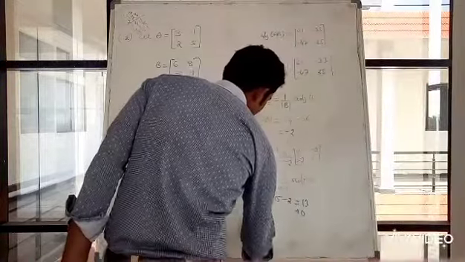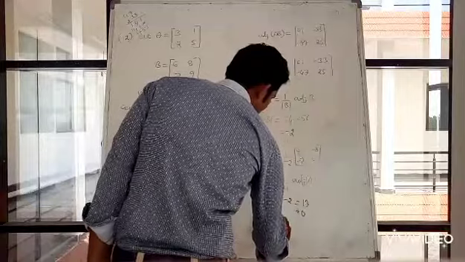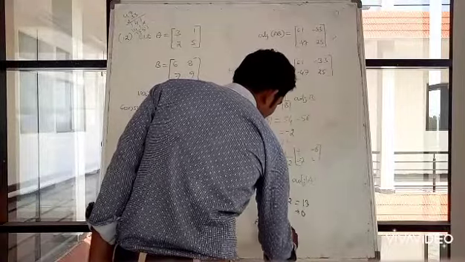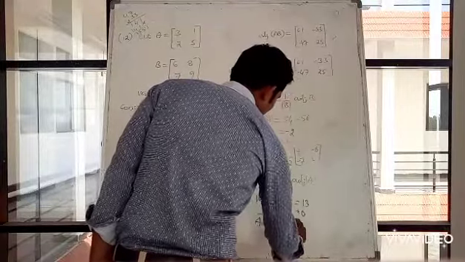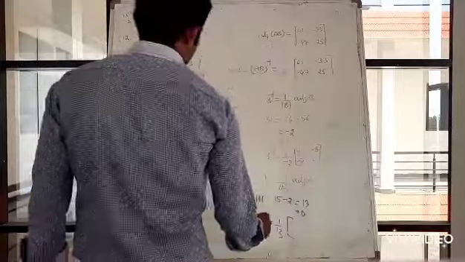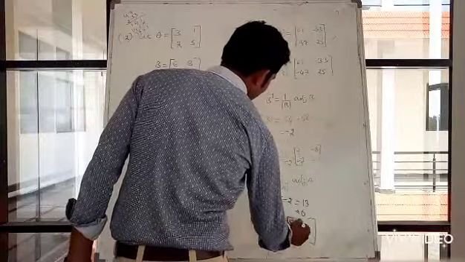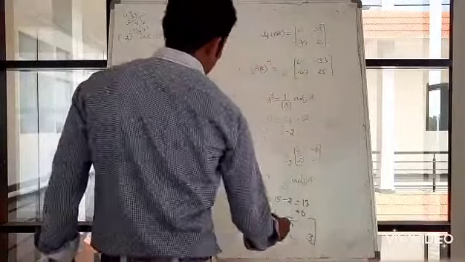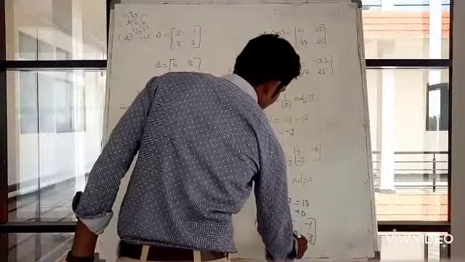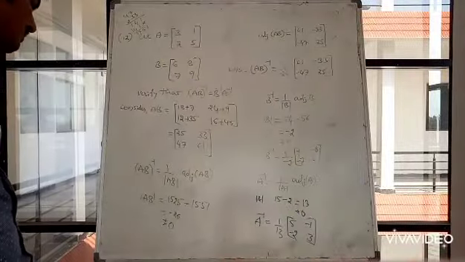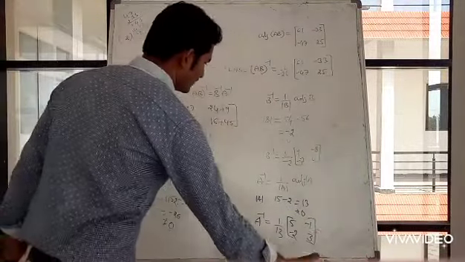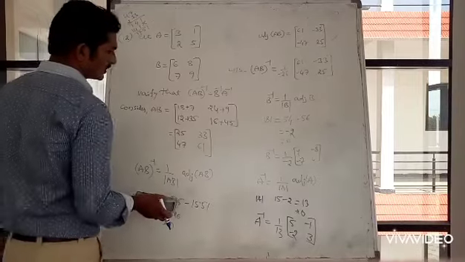So A inverse is 1 upon 13 adjoint of A. Interchange principal diagonal elements, here 5, here 3, minus 1, here minus 2. This is A inverse.